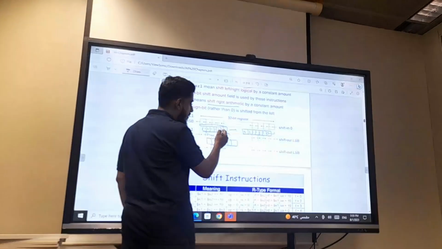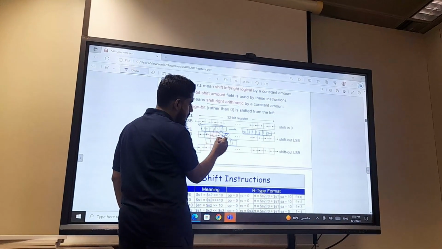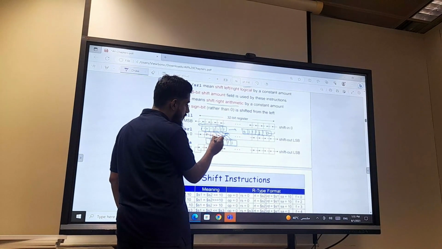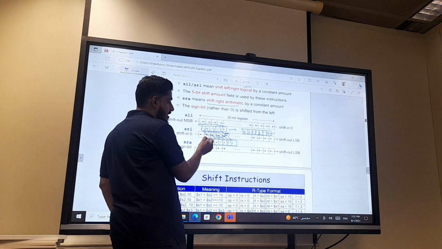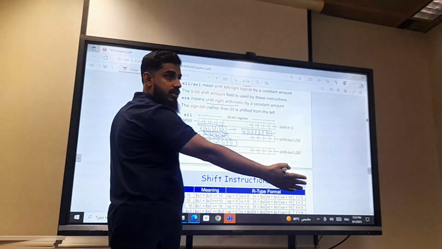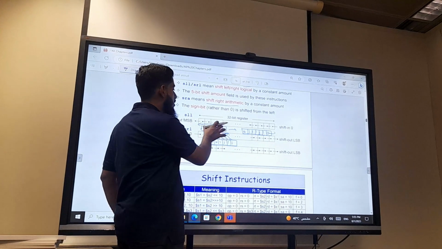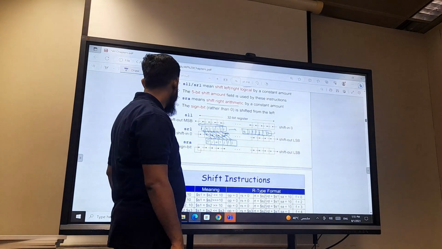This one will come here, this one will come here, and so on. Here it becomes 0 because this one is discarded by the right shift. So this is our new value. Got it? Okay, good.